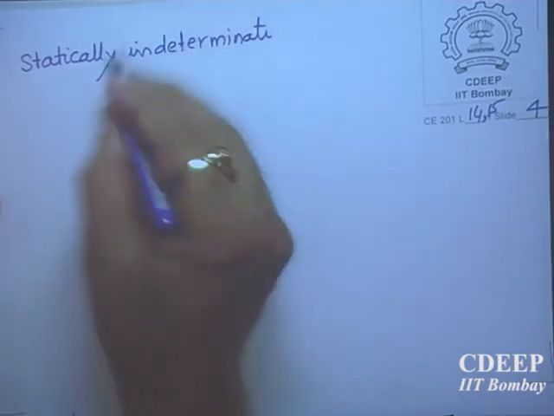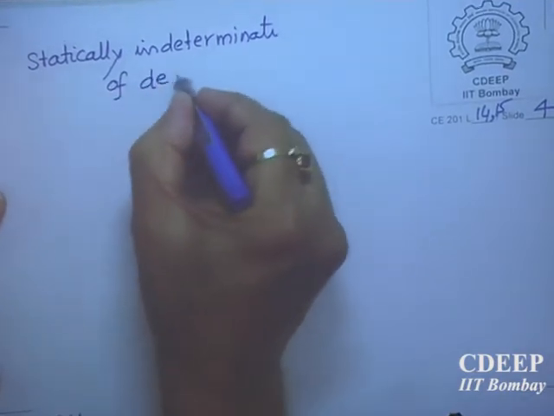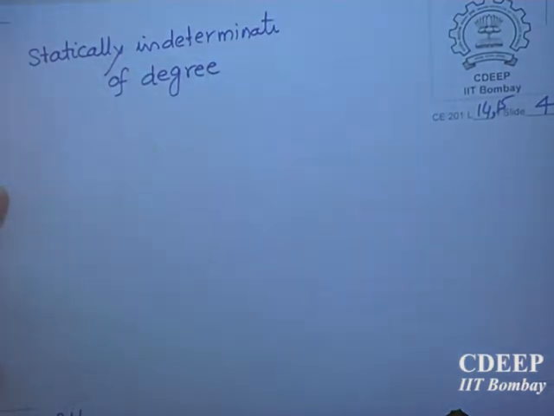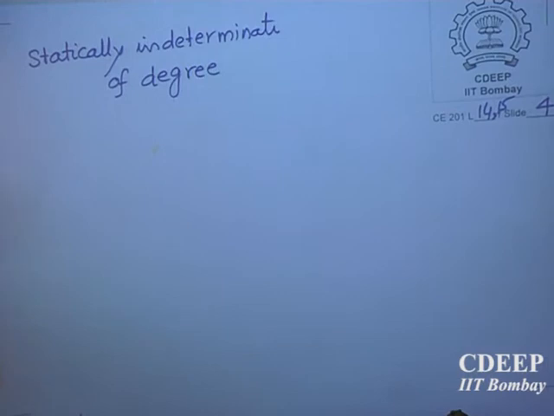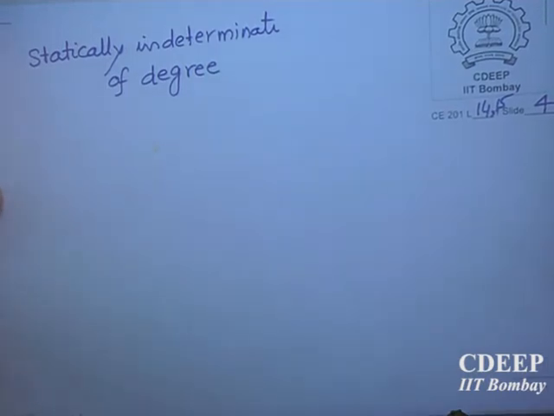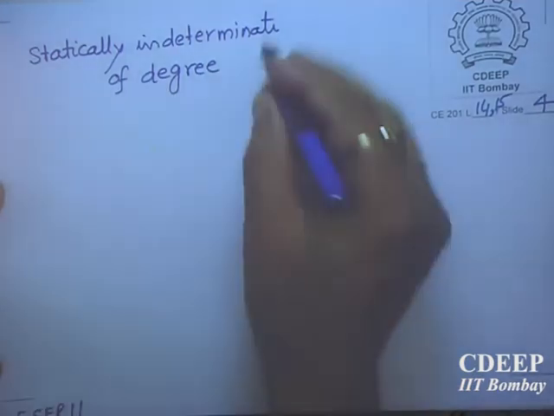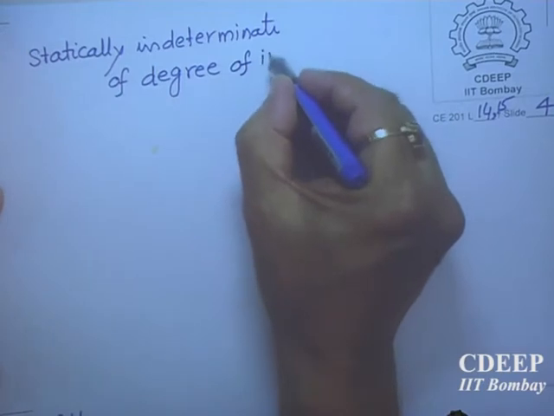What is the degree of indeterminacy? Unknowns are 2, number of equilibrium equations is 1. So the difference between the unknowns and the number of equilibrium equations is 1. So the degree of indeterminacy is 1.